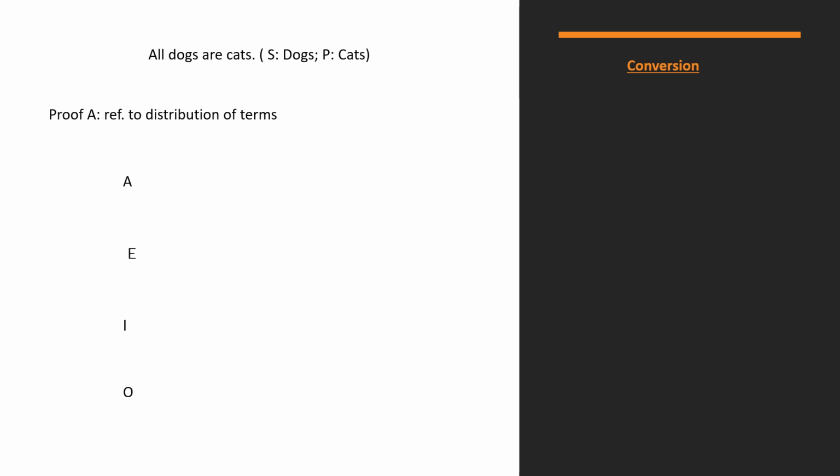Let's have the terms here all lined up vertically. And we'll start with all S are P, whose distribution looks very much like this. If you convert that, then you'll get all P are S, but the distribution of terms is already altered. So from S U to S P, then P to P U, right? So there's a change there.